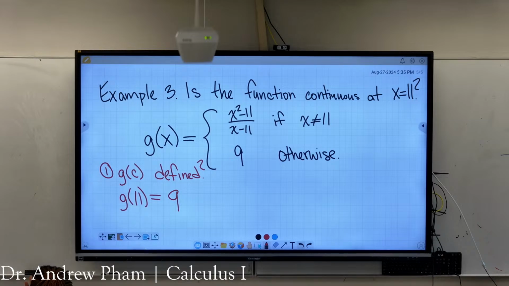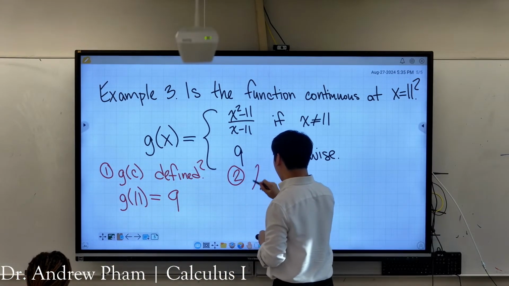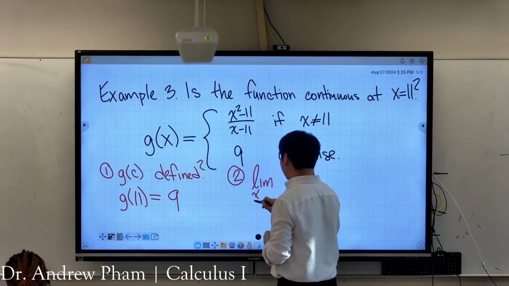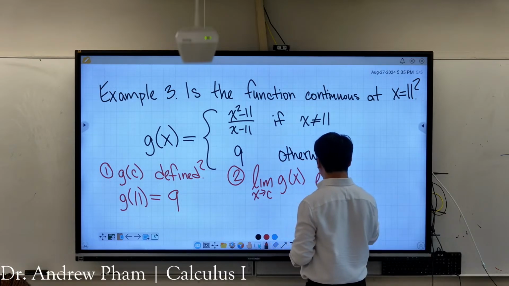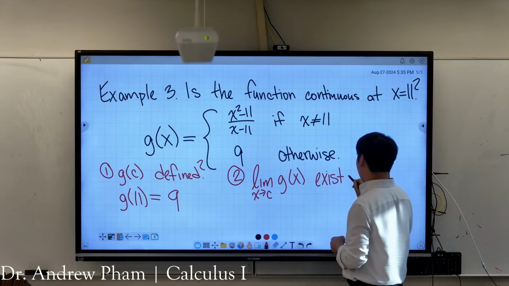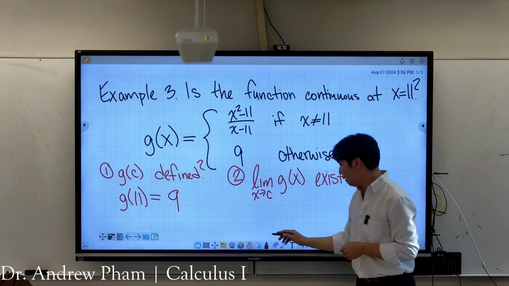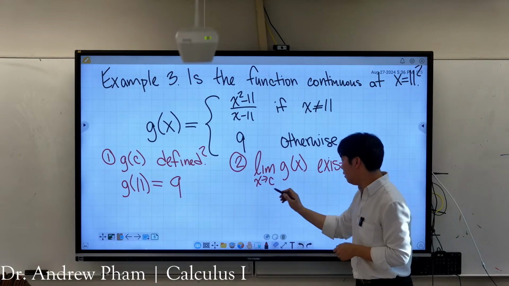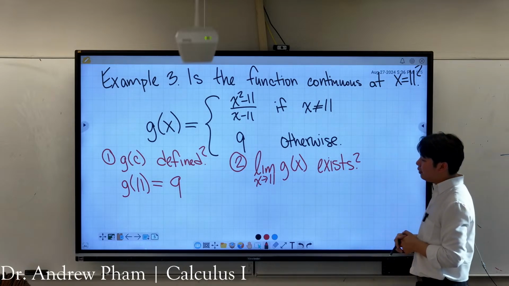Now I have to check condition number 2. What was the second condition? We want to check if the limit of, in this case, g of x exists or not. Instead of c, we're using 11. So how do I calculate the limit?